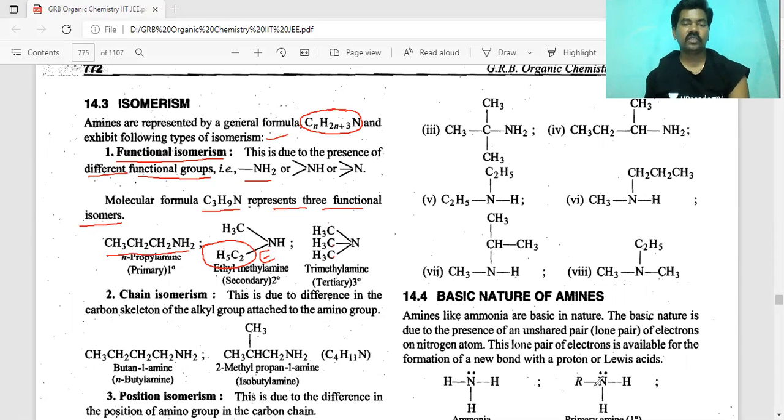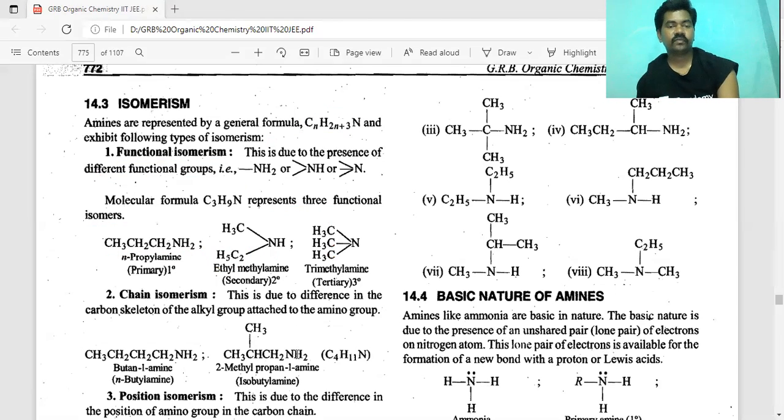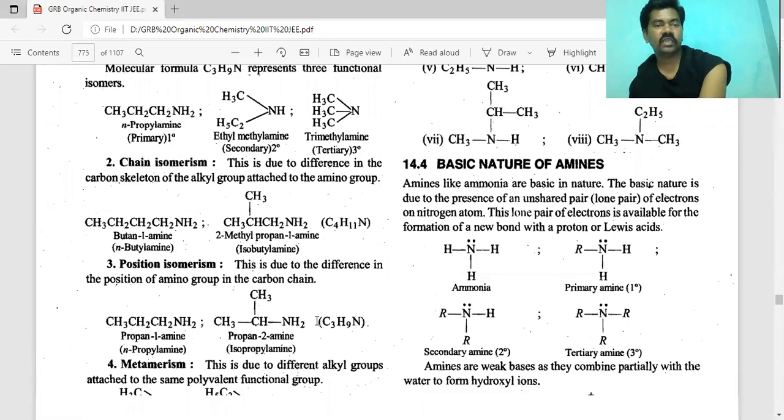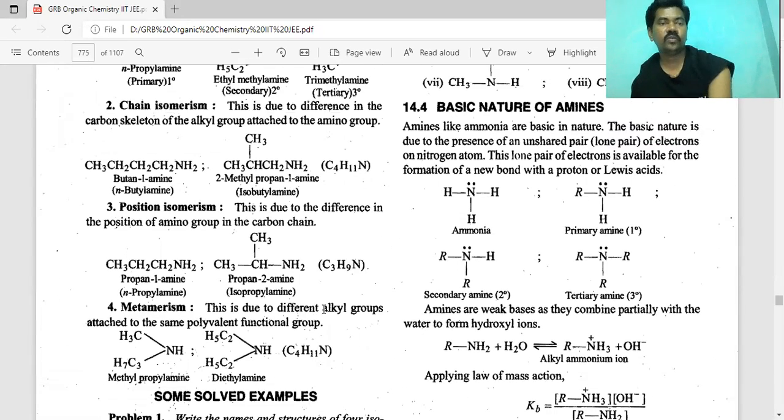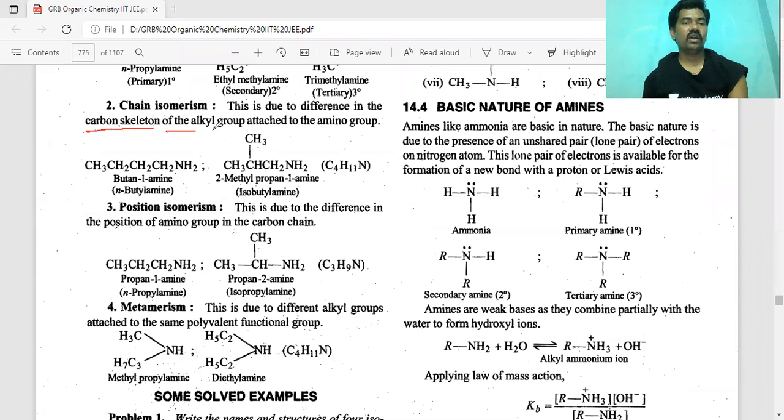First one. Then the second one is chain isomerism. In chain isomerism, this type of isomerism arises due to the carbon skeleton of the alkyl group attached to the amino group, that is, the number of carbon atoms or parent chain directly attached to the nitrogen amino group.